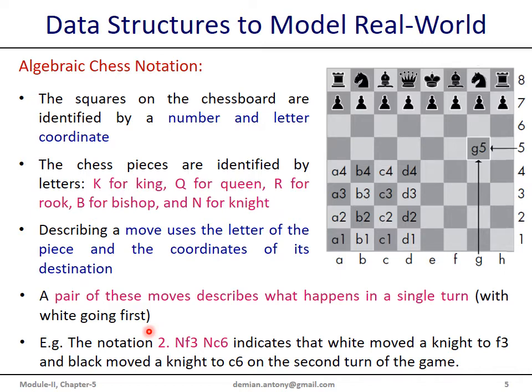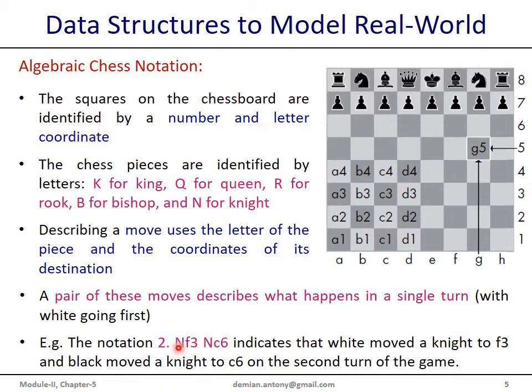Let us take up the example here. We have 2. Nf3 Nc6, which indicates that white moved a knight to f3 and black moved a knight to c6 on the second turn of the game. This number 2 represents the second turn, and this is the movement of the white chess piece.